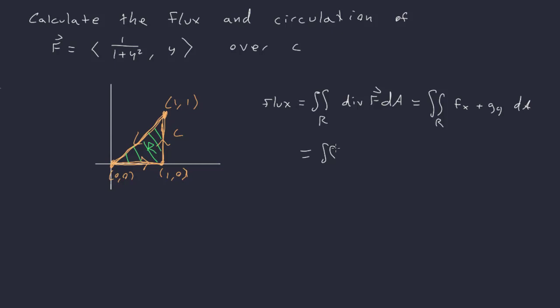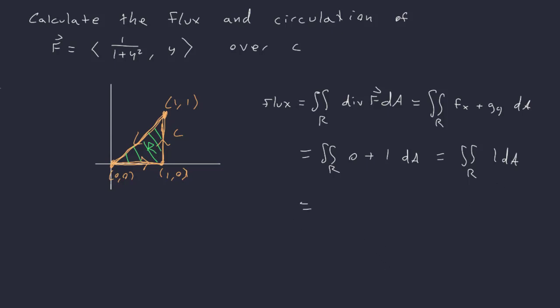And f sub x, well, this is just a constant with respect to x, so that will be 0. And then plus g sub y, that will be 1. So we're looking at the integral over R of 1 dA.